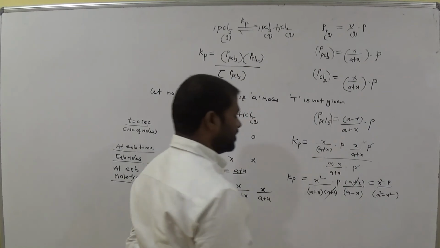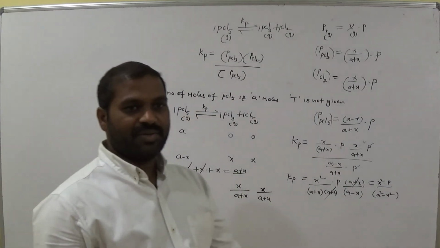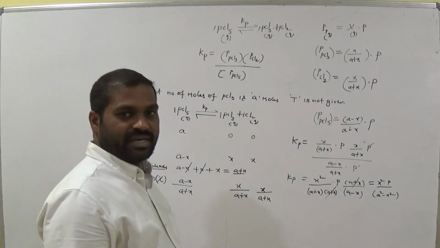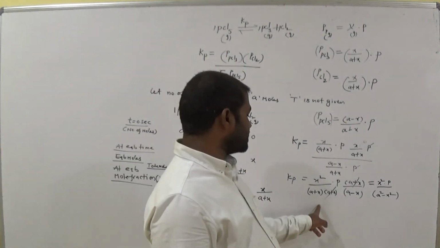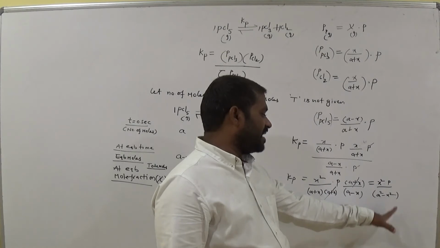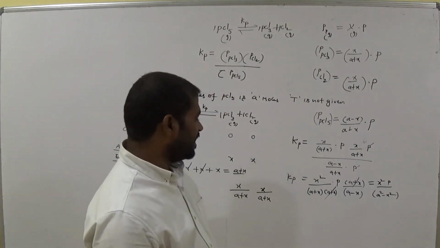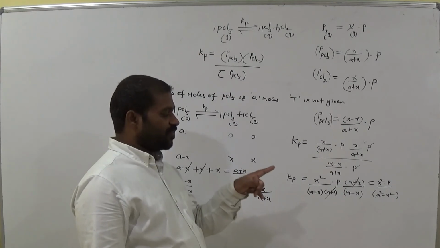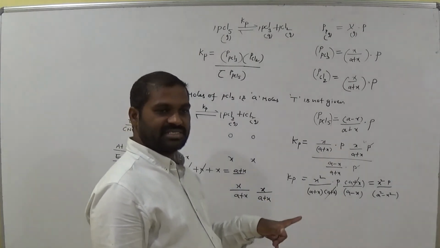Is it clear, all of you? A plus B into A minus B gives A square minus B square. Like that, (A plus x) into (A minus x) gives A square minus x square. So finally we get Kp equals x square into P by A square minus x square. Is it clear for all of you?